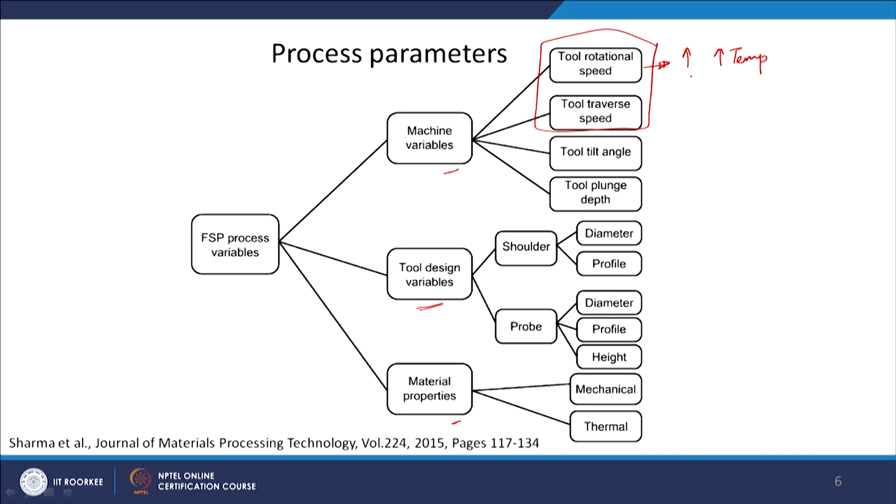Of course, there is a self limit here; you cannot have a monotonic increase in the temperature. After some time the temperature will be so high that the material close to the pin surface will be in a molten condition and there is no transfer of power from the tool to the material. If localized heating takes place, you cannot add heat to the material. So it is a self-limiting process.